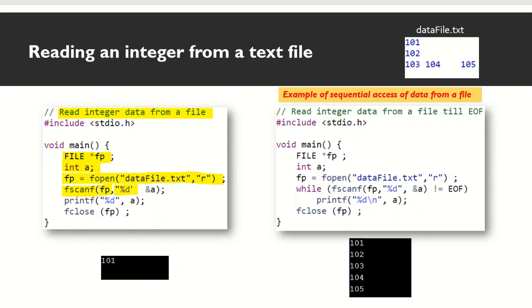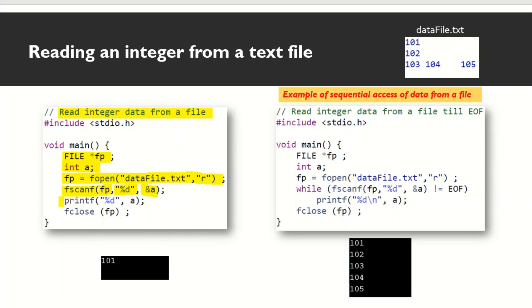Here we need to read an integer, so we use %d. The third one is the buffer, and we have to specify ampersand a, similar to what we use in a normal scanf, because the data will be stored in the location specified by the ampersand symbol. That is, the ampersand symbol is used for accessing the location of a particular variable.